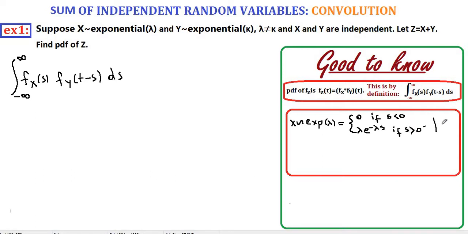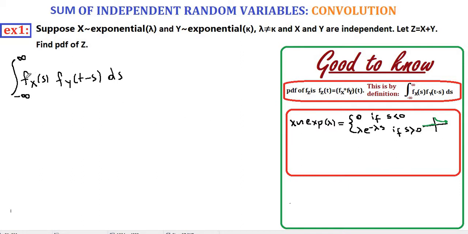And this is the graph of the density function. It is 0 up to 0 and some decaying exponential function from 0 to infinity. So this density function is supported from 0 to infinity, and the top point of the graph is lambda.